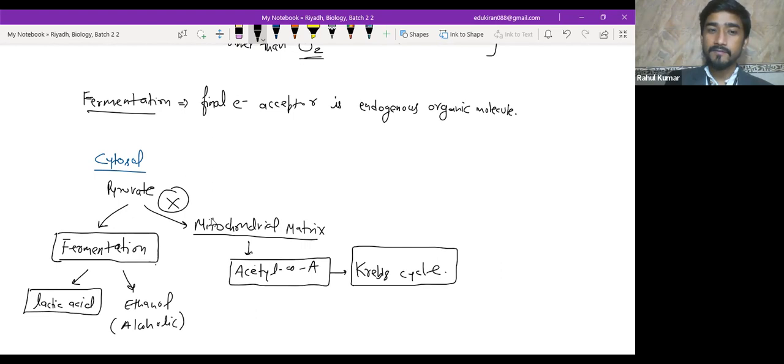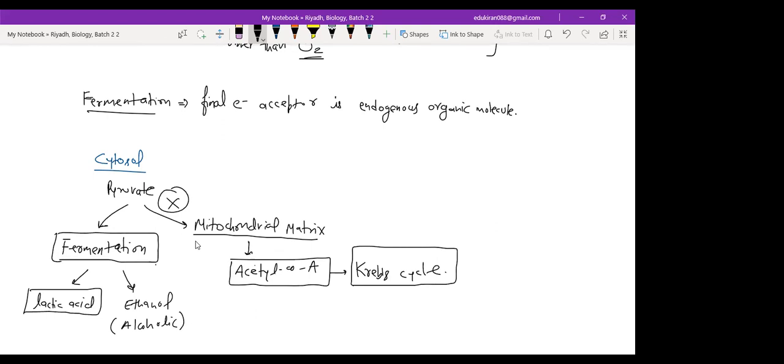So whenever there is vigorous activity, less oxygen reaches our muscles. Why does less oxygen reach our muscles? How does oxygen reach our muscles? Through blood. It reaches through blood.